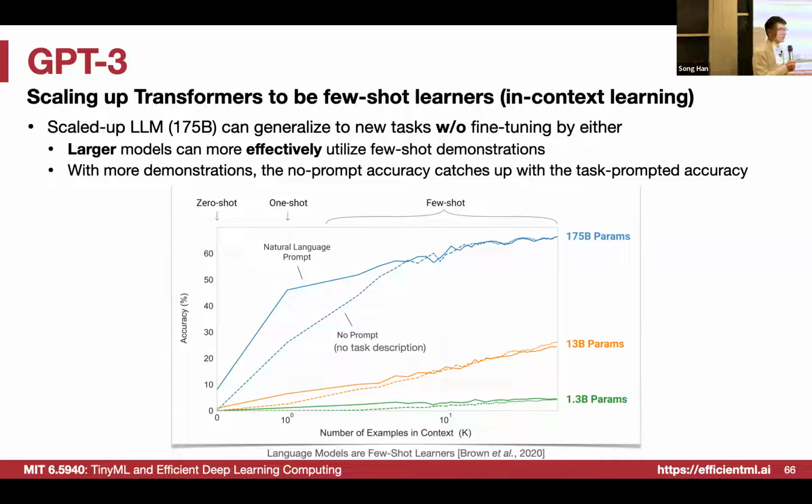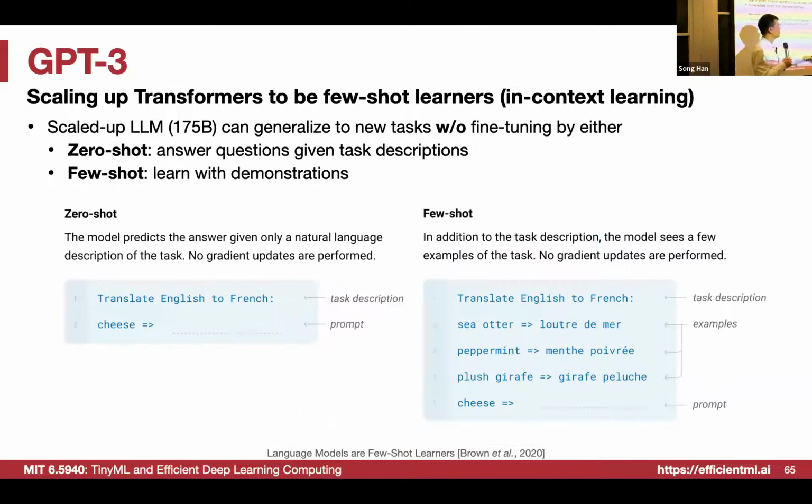On the right-hand side, it shows zero-shot, one-shot versus few-shot: the more examples you give, the higher the accuracy. When the model is large enough and the number of examples in the context is large enough, even without a prompt, with no task description, the accuracy is pretty much the same as with a task description. You don't even have to tell the model to translate English to French.